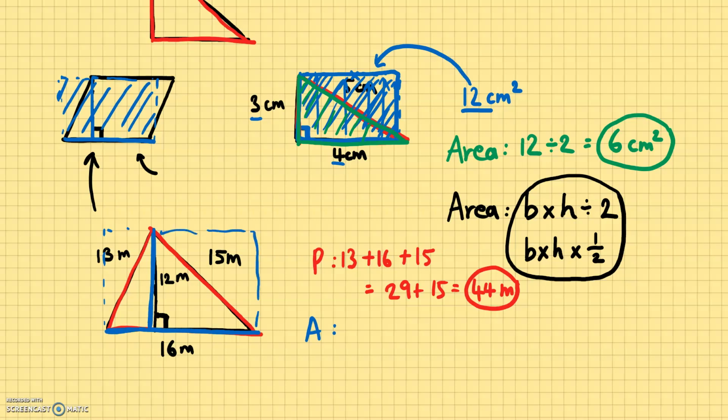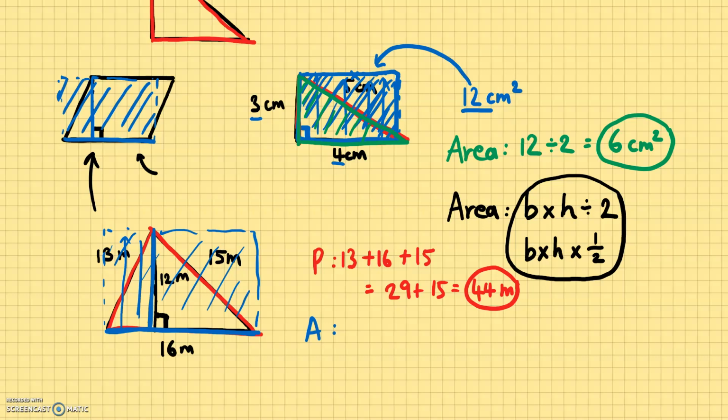Because this length is going up this much on all sides. So it covers this whole rectangle. And if you divide by 2, it's harder to see for this triangle if the area of the rectangle is exactly twice the area of the triangle.